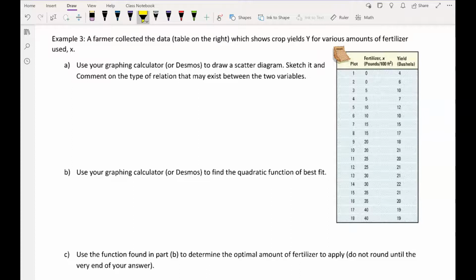So it says here crop yield is Y, so that's dependent, and amount of fertilizer, which is X, that's independent. Normally on an application, it doesn't really tell you which one is X and which one's Y. So make sure you understand, dependent means Y, and independent means X.